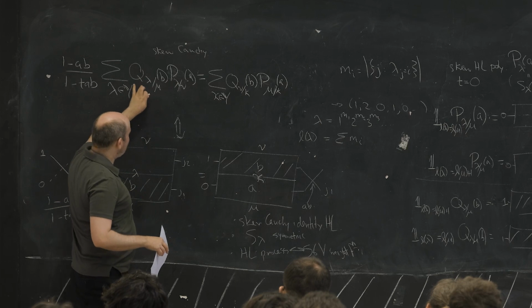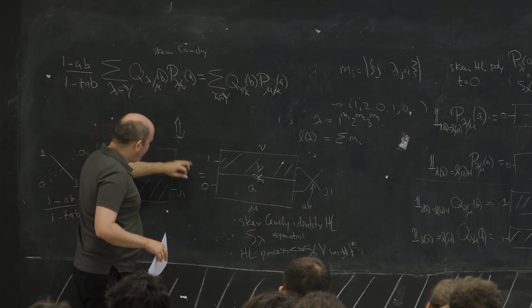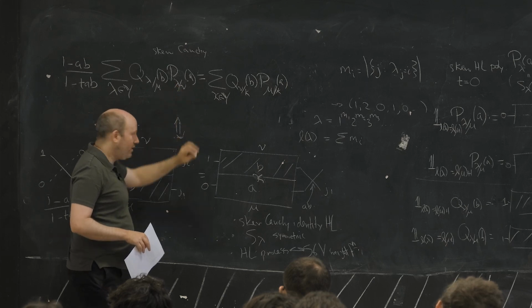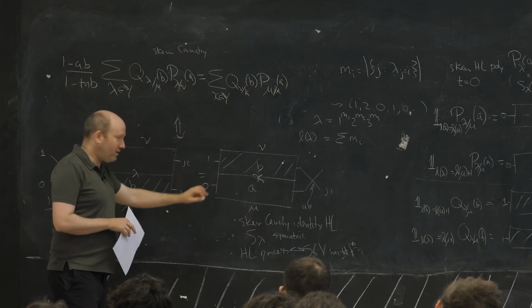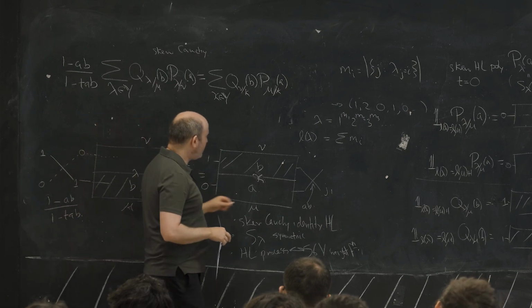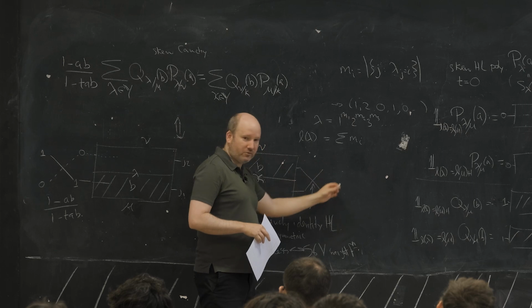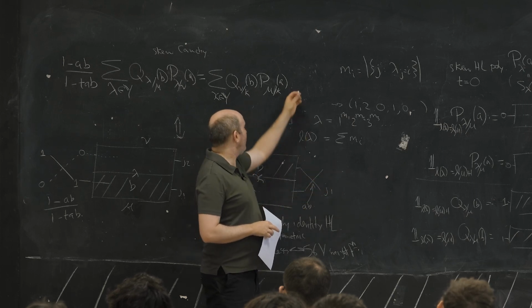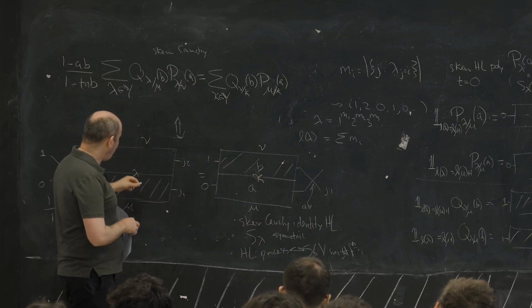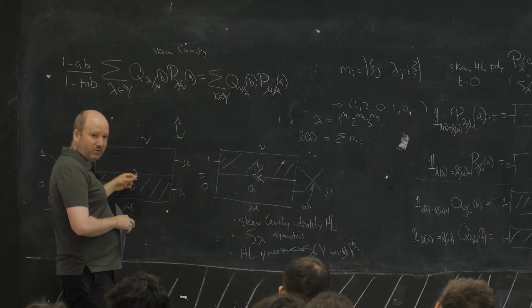This Yang-Baxter is a refinement of the skew Cauchy identity. In particular, I take this skew Cauchy identity and I sum over J1 and J2 as well. When I sum over J1 and J2, in this case, I get a factor of 1. So that's why you don't end up with anything here. When I sum over it here, what it means is it really allows me to sum over all partitions lambda.